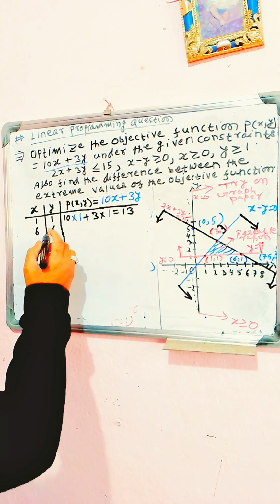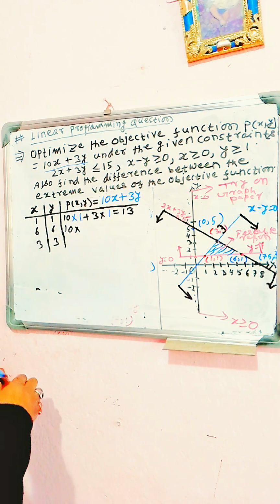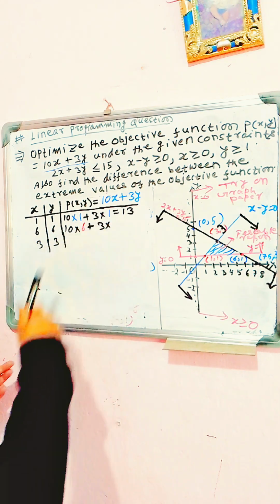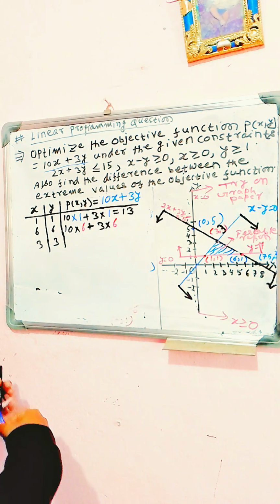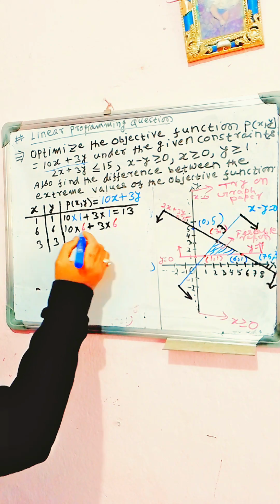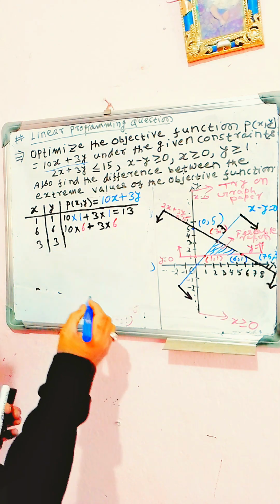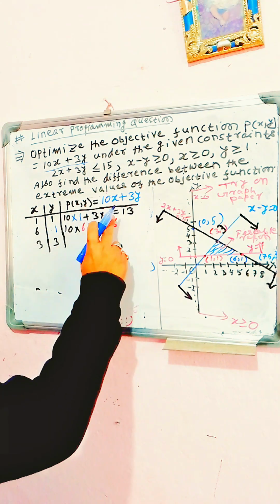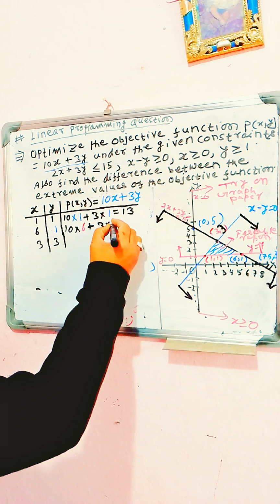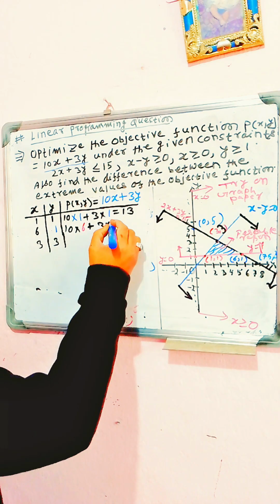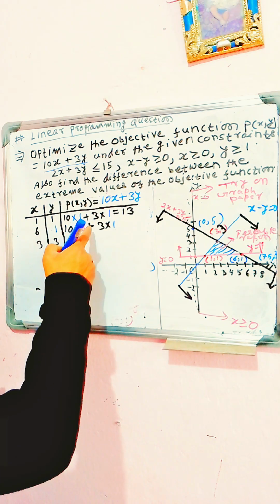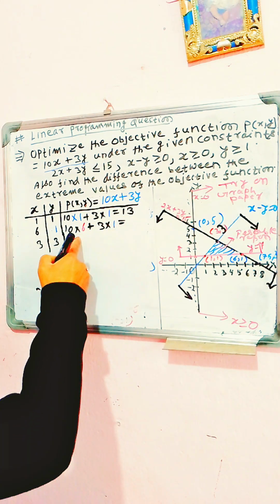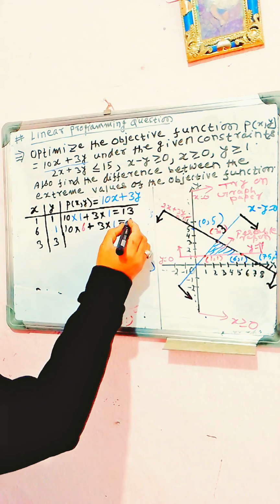On the other side, 10 times the x value 6, and 3 times the y value, which is 1, since this point is 6, 1. So 10 times 6 is 60 and 3 times 1 is 3, so this is 63.